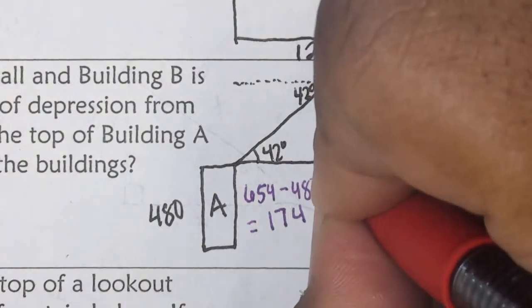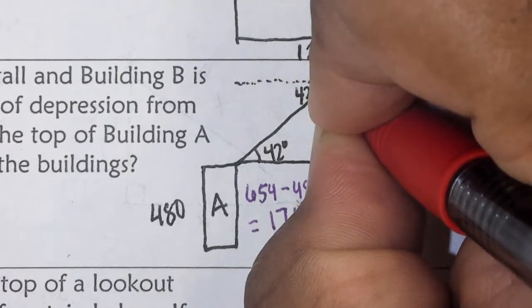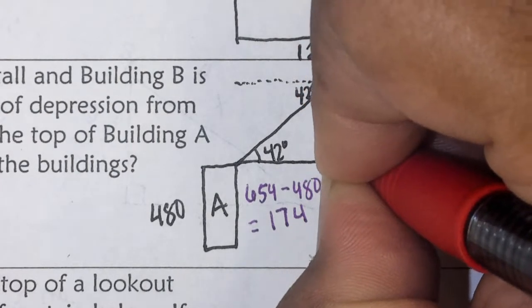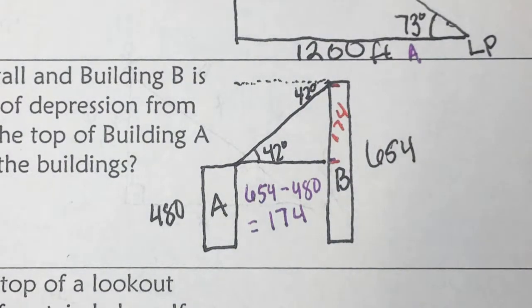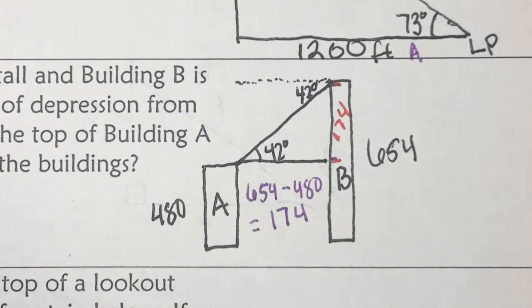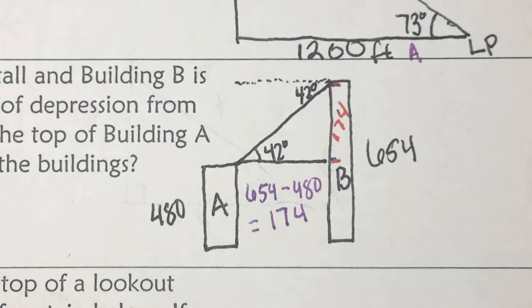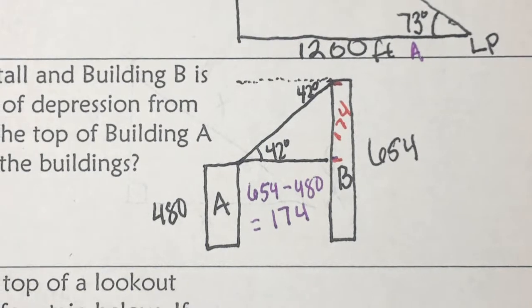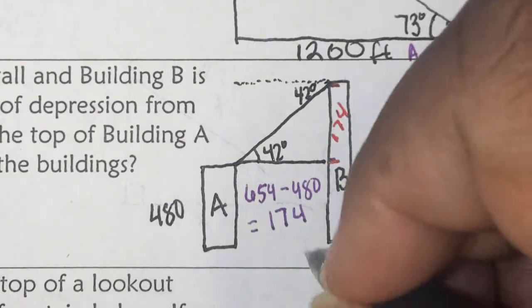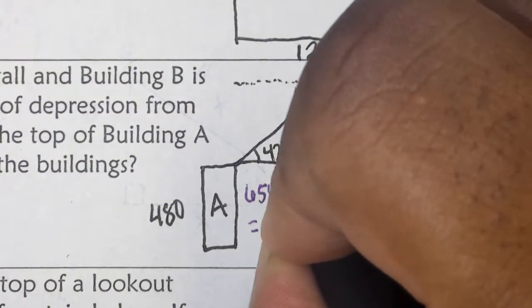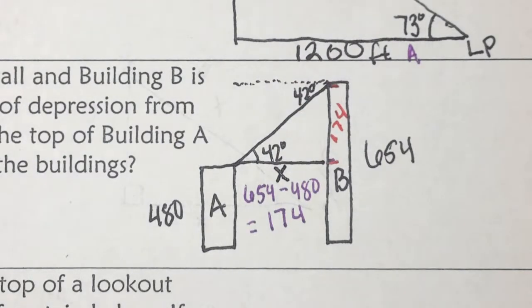So that's 174 right there. Where does X go? How far apart are the buildings? X goes on the long leg by 42.